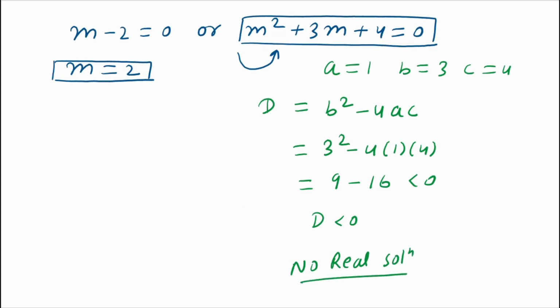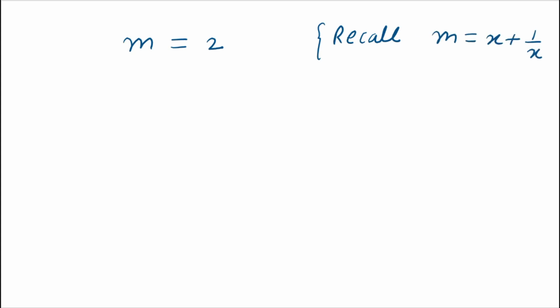We have the value of m is 2. And recall m is equal to x plus 1 over x. So this m is replaced by x plus 1 over x, and this is equal to 2.